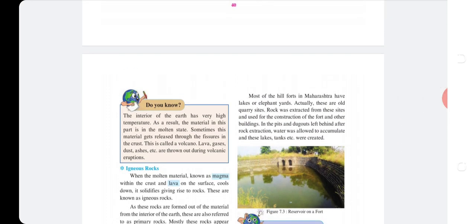Most of the hill forts in Maharashtra have lakes and elephant yards. Actually, these are very old quarry sites. Rocks extracted from these sites were used in construction of the forts and other buildings.